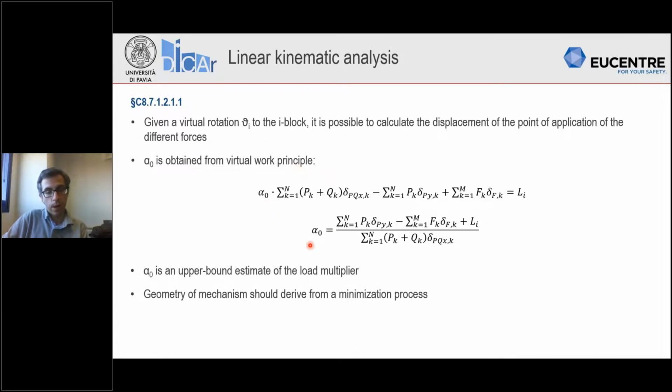So alpha 0 is given by these expressions, where, for example, at the top you will have the vertical forces, and at the bottom you will have the horizontal forces that are multiplied by the activation multiplier, the load multiplier corresponding to the activation of the mechanism. Alpha 0 is an upper bound estimate of the multiplier, so you will have to minimize alpha 0 to get the real load multiplier.